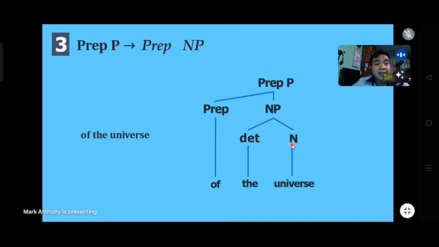And next is the noun itself, which is the universe. And again, that's it for our third basic structure rule, the prepositional rule, which is a preposition and a noun phrase.